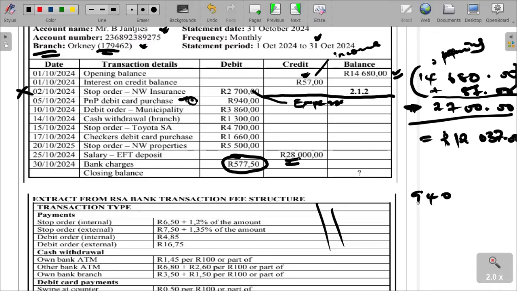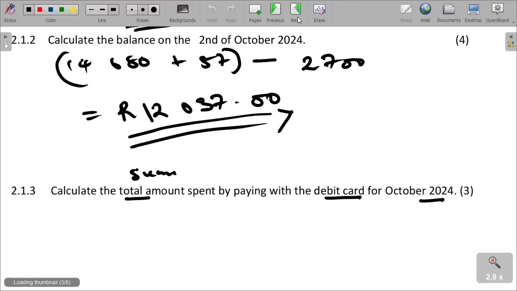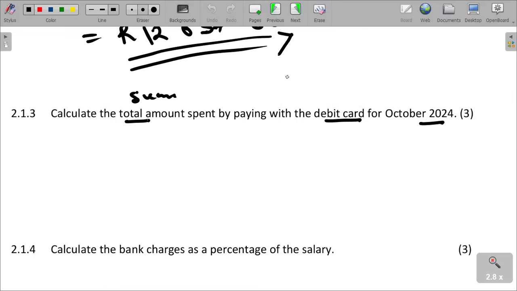And then what else was paid with a debit card? We have got also Checkers debit card payment, 1,660. And when we add that, do we have any other debit card payment? Those are the two payments that we have. So we are adding Pick and Pay plus Checkers.